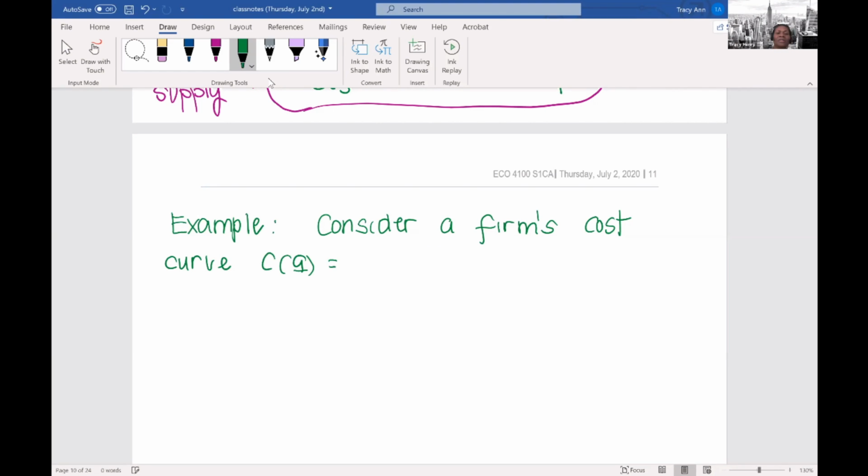C of Q is equal to 100Q minus 4Q squared plus 0.2Q cubed plus 450.